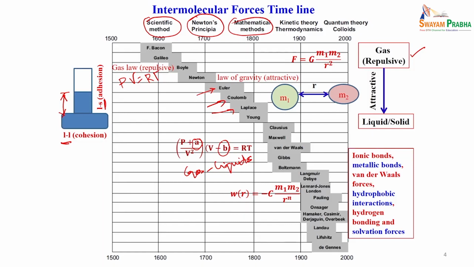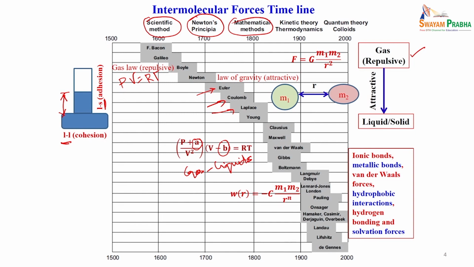And in the 20th century, various intermolecular interactions and bonds were considered, and their functions or expressions were defined, starting from ionic interactions, ionic bond, metallic bond, van der Waals forces, hydrophobic interaction, hydrogen bonds and solvation forces. So, this is an overview of the historical perspective of intermolecular forces.